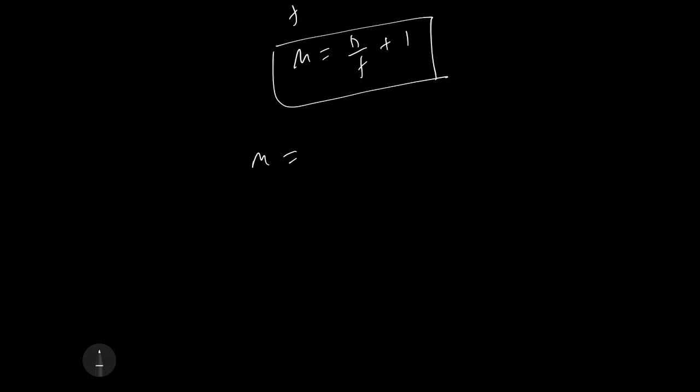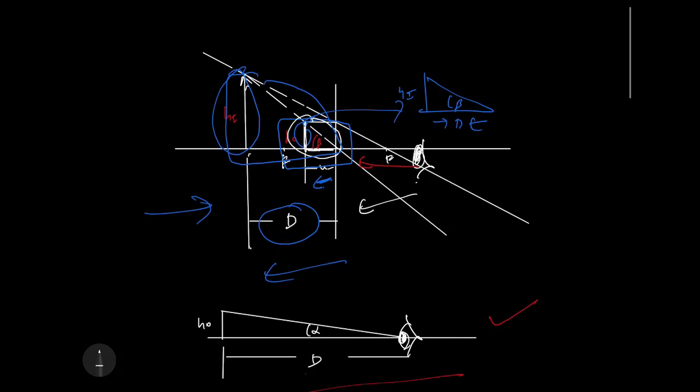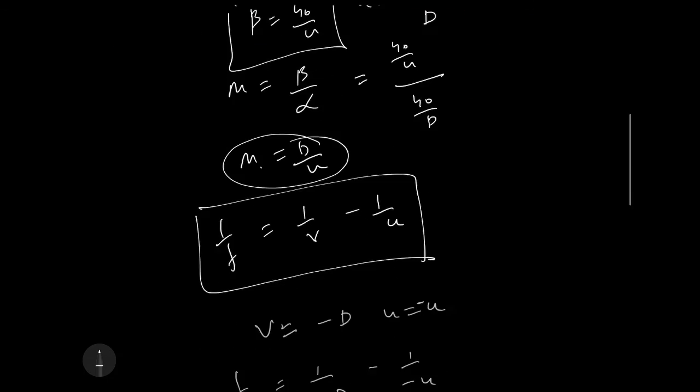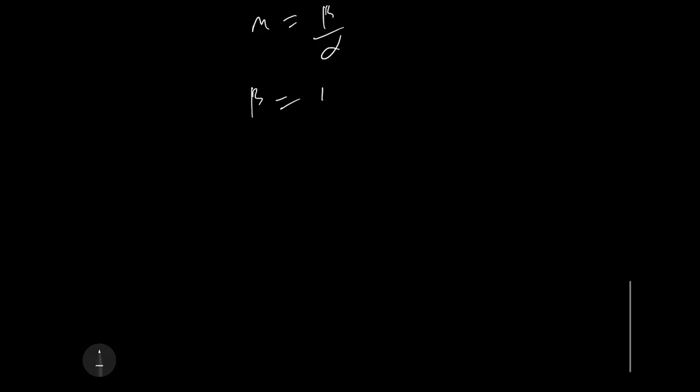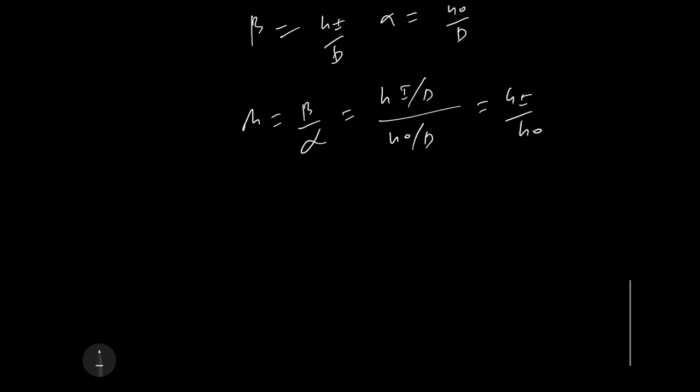M in this case is beta by alpha, but beta, when you take this big triangle, is hi by d. Alpha we know is h0 by d. So m is beta by alpha, which is hi by d upon h0 by d, which is hi by h0.